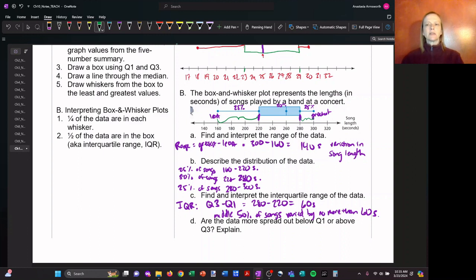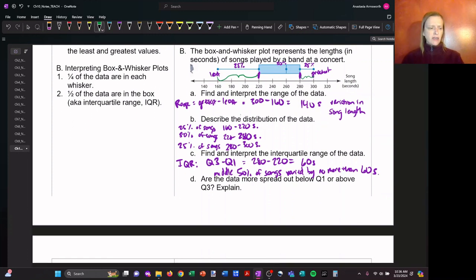So this is kind of telling us the longest 25% of songs didn't actually vary that much in length. We didn't have any kind of like 10-minute songs or anything like that. But the shortest 25% of songs, there was a bit of variation. The shortest one was about 2.5 minutes long, a little bit more.